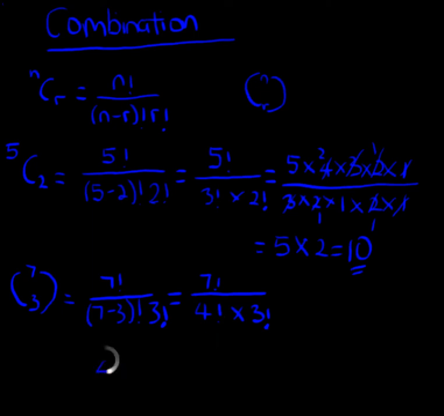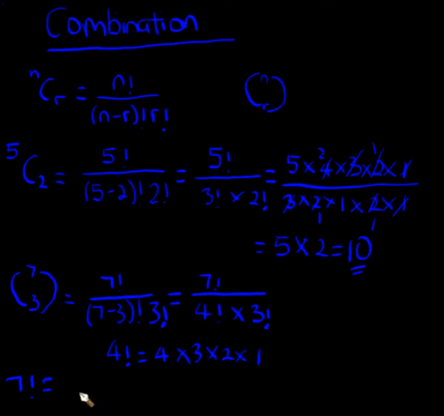Now, 4 factorial, let me take that up a bit. 4 factorial, we can choose to write out as 4 times 3 times 2 times 1, right? Also, let's write out 7 factorial and let's see what happens. 7 factorial, we start from 7.